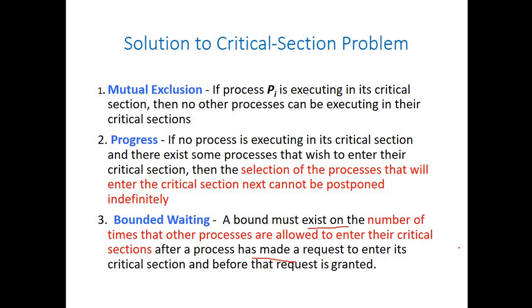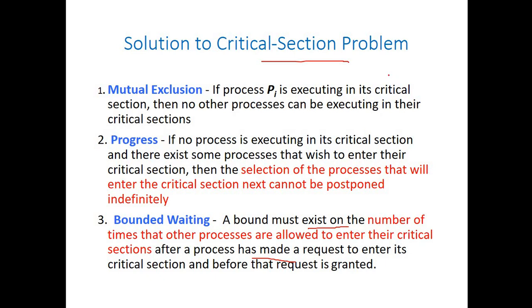So every process must wait a bounded amount of time for getting permission to enter into the critical section. A process should not be made to wait an unbounded amount of time. So these are the three conditions that need to be fulfilled by any solution to the critical section problem.